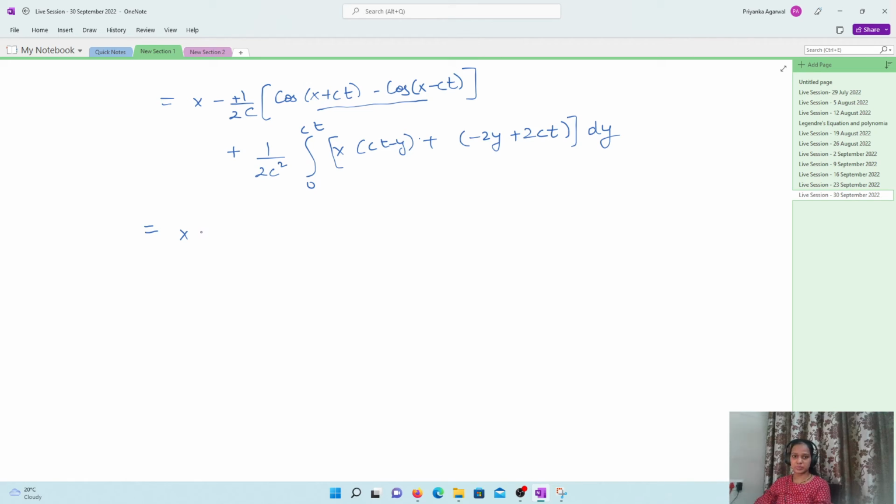So this is now x plus sin x sin ct over 2c plus 1 by 2c square.